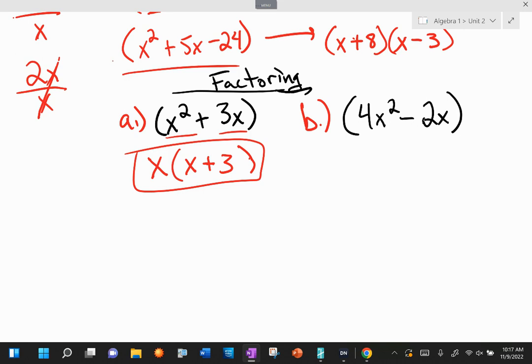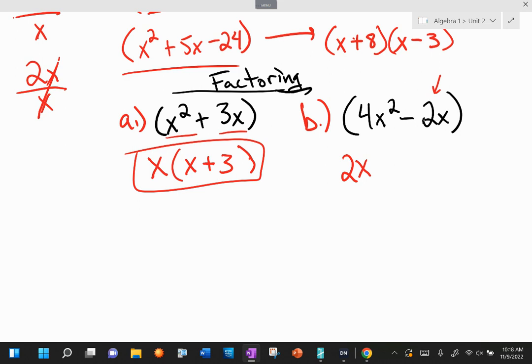They share an x. What else could you divide both of those terms by? 2. Now, you can't ever have the number that you're pulling out be bigger than any of the numbers inside. Because we have a 2 right here, we can't pull out a 4, because you can't divide 2 by 4 evenly. You'll get a number less than 1.